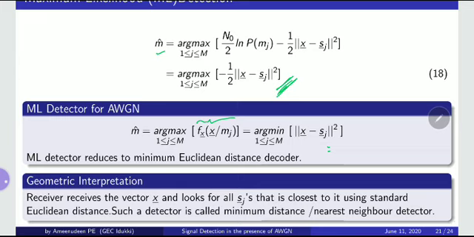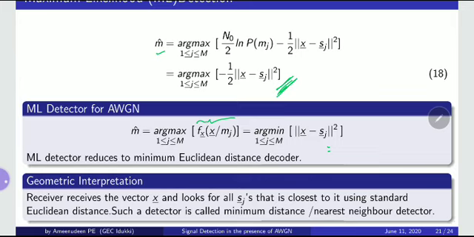So it will find the distance between the vector and all the signal points sj, and we will decide that the signal point which has the minimum distance, or which is closest to the received vector, is the one that was actually sent.